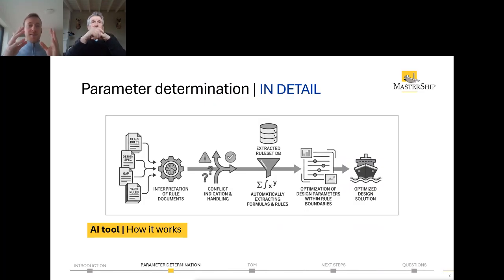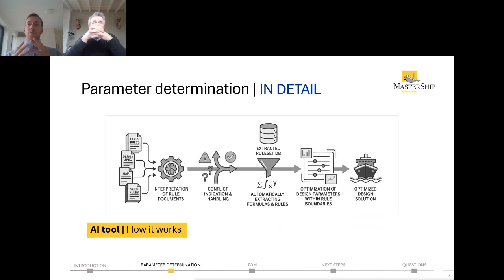And this is actually the same technology that large language models use. Then from this extracted rule set database, we automatically extract formulas and rules that apply to the design specification. And that is something new. That is not something that large language models do.